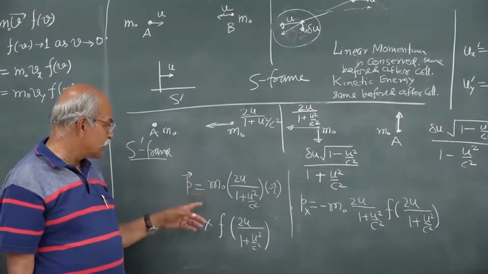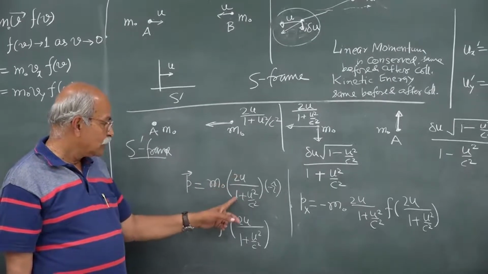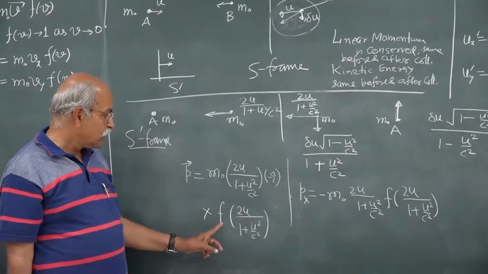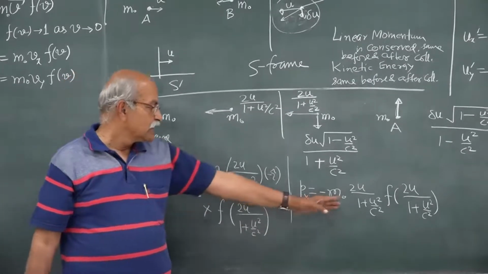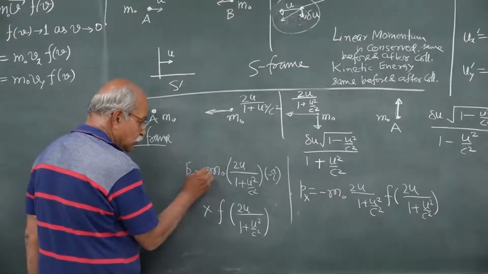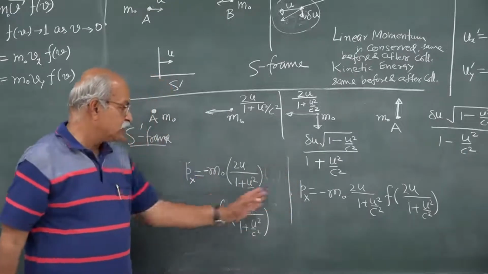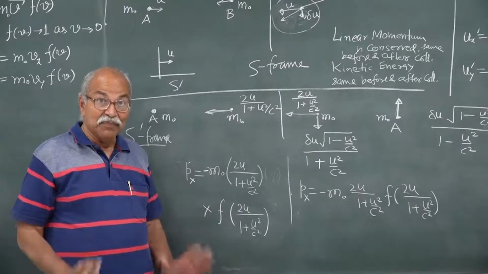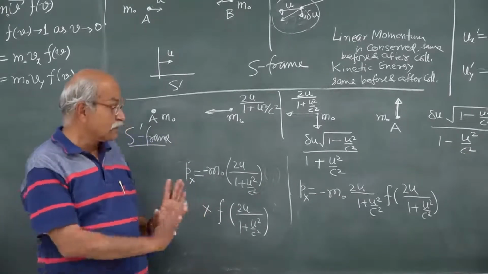So before the collision it is minus m naught 2u by 1 plus u square by c square, function of 2u by 1 plus u square by c square. You see this thing and this thing, it is the same. If you write px, you put minus here and remove this i cap. So this remains the same. The x component of linear momentum is not disturbed, it is conserved.